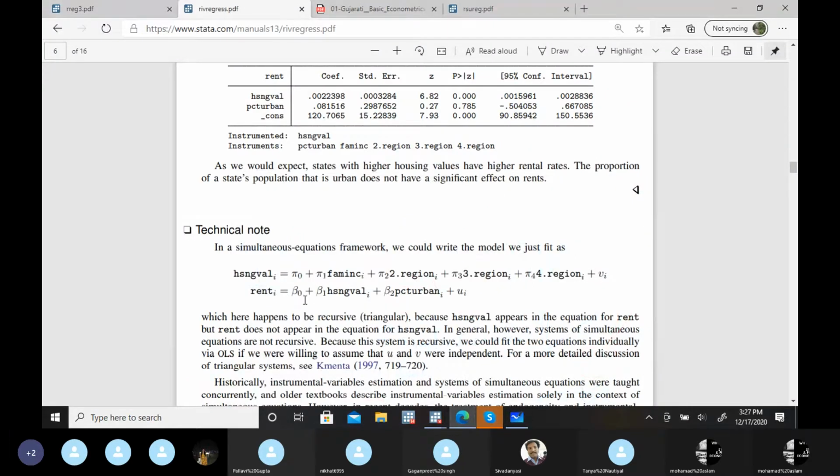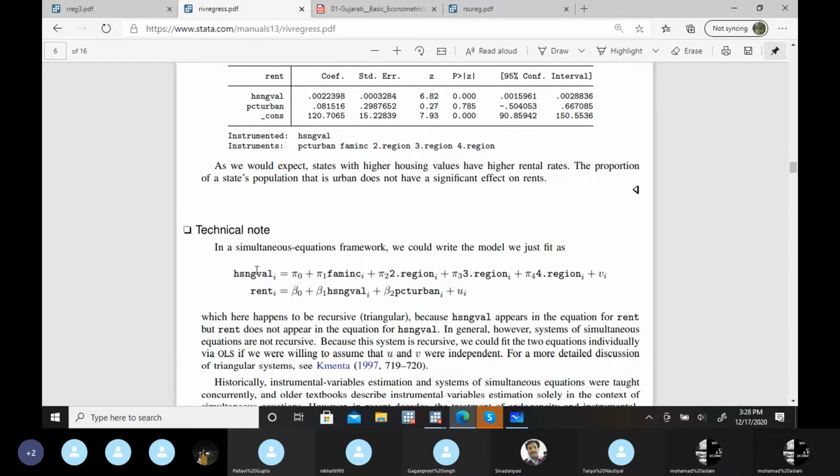Why is it a recursive case? Because when we estimate this housing value, rent is not an endogenous variable here. So this residual term is not at all related with this housing value. We only need to worry if this second residual term, this UI, is correlated with this housing value, then it's a problem of biasedness.